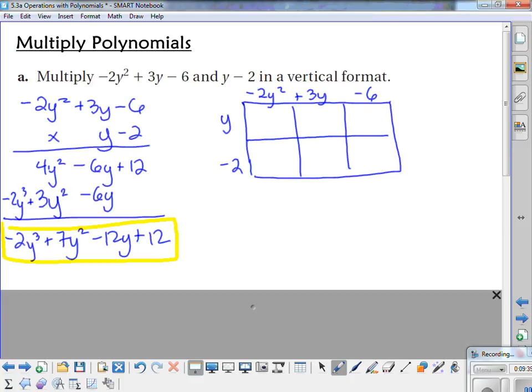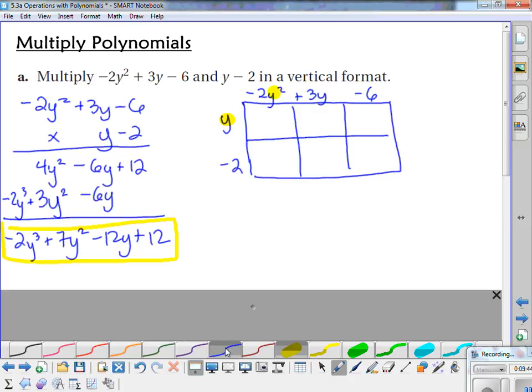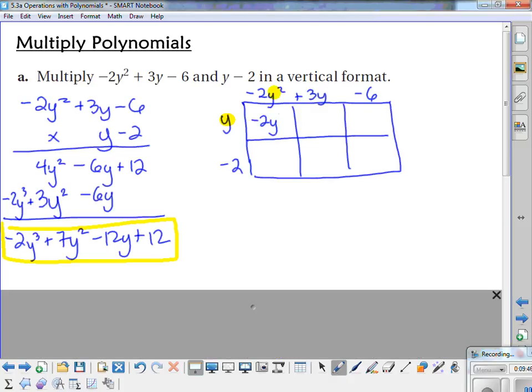And then you just multiply y times negative 2y squared, and I get the negative 2y cubed. Y times 3y, I get 3y squared. Y times negative 6, I get minus 6y. And then negative 2 times negative 2y squared, I get positive 4y squared. Negative 2 times 3y, I get negative 6y. Negative 2 times negative 6, I get positive 12.